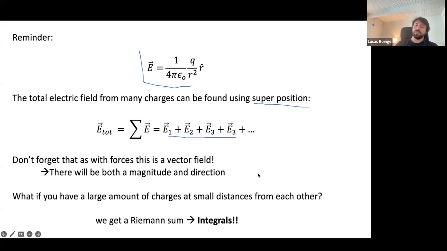So it's not perfectly continuous, but if it's small enough, and if you have a large amount of them, you still are evolving toward some kind of continuity.